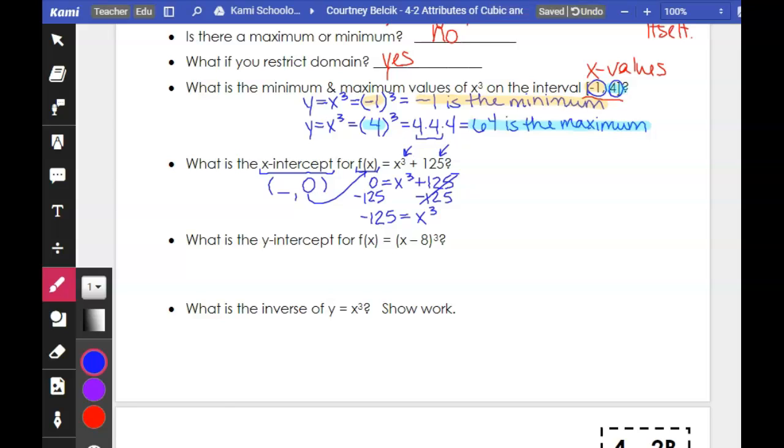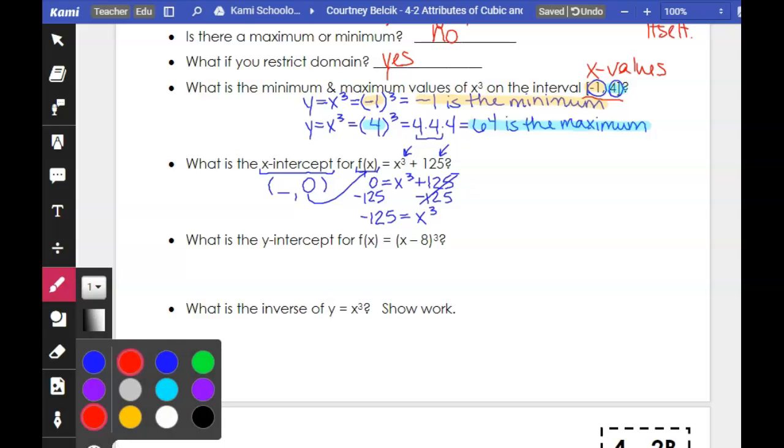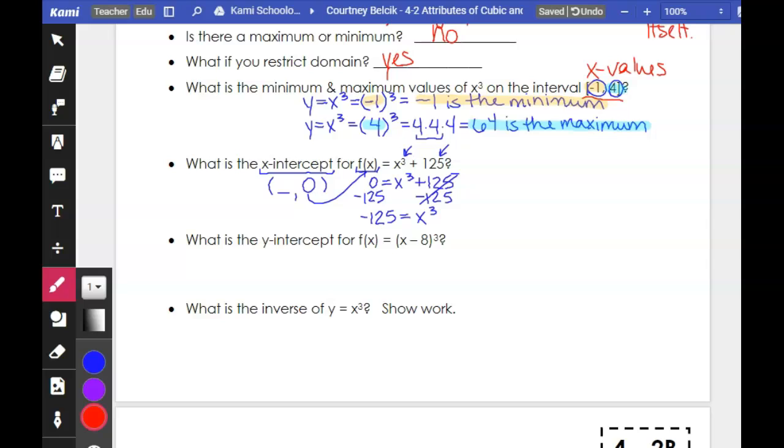So how do you uncube a term? Well, yesterday we had a conversation about the cubic and cube root parent functions, and we discovered they were inverses of each other, which means that cubing and cube rooting are also inverses of each other. If I cube root both sides, I can eliminate that cube, and I get x equals the cube root of negative 125.